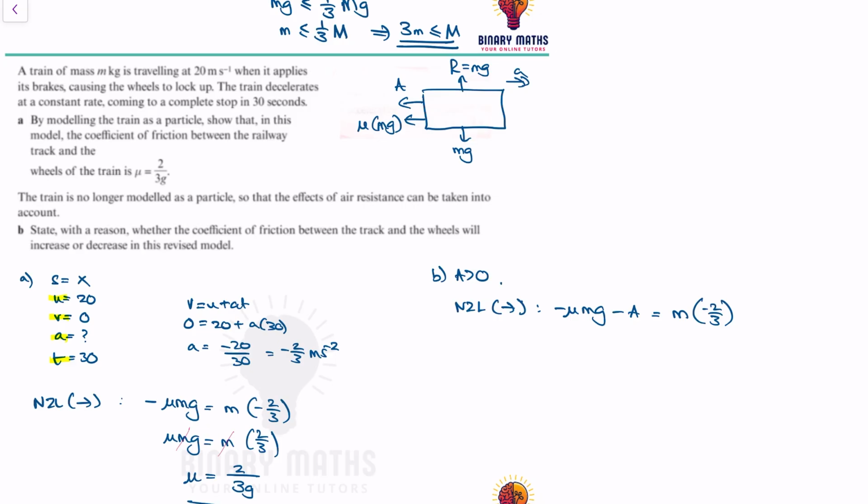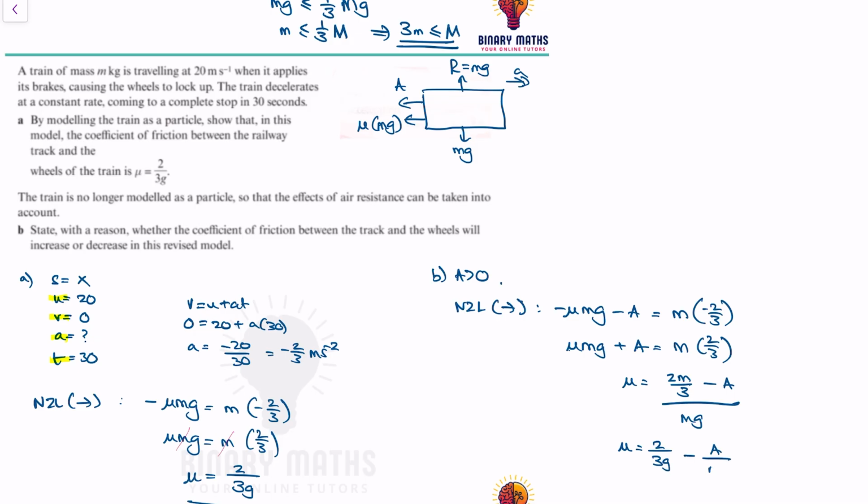Okay, so if we change the sign of everything, then we get mu times mg plus A must be equal to m times 2 over 3, which means mu must be equal to 2m over 3, take away A, over mg.